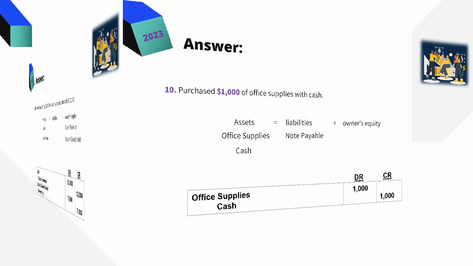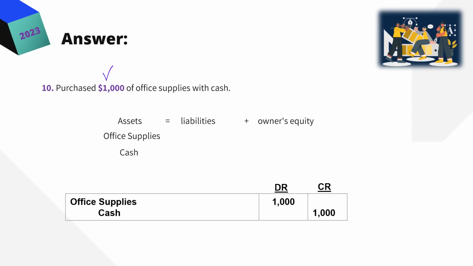The next transaction, we purchase $1,000 of office supplies with cash. In this transaction, if we analyze it, we know that assets are going out. The assets that are going out are cash, $1,000 of cash, and we'll credit cash.